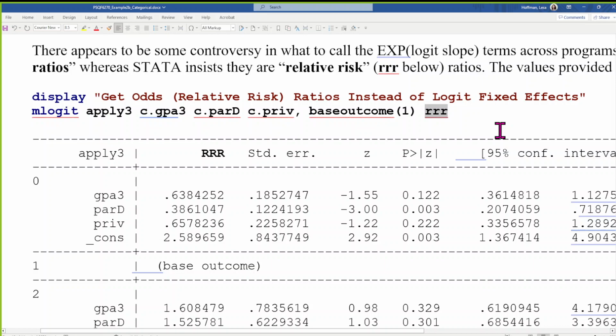But you know what? It's the same damn number. So I don't care what you call it, but they make a point of differentiating these. My guess is because of the conditionality of the submodels. They want a different term for that. So rather than saying OR if you want odds ratios, it's RRR, relative risk ratio. And it's RRR in the output.